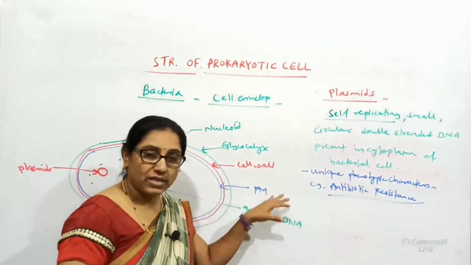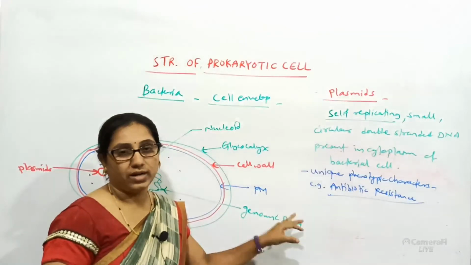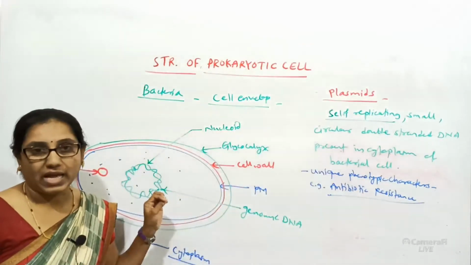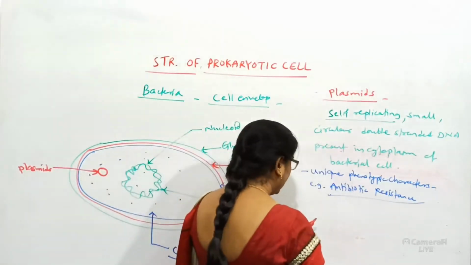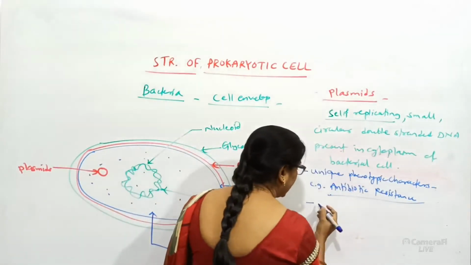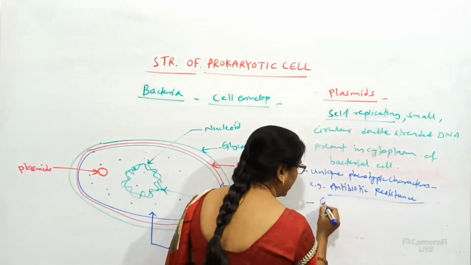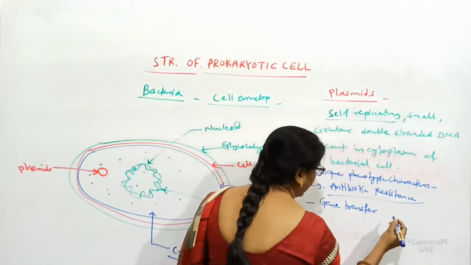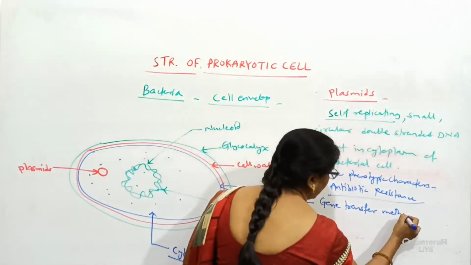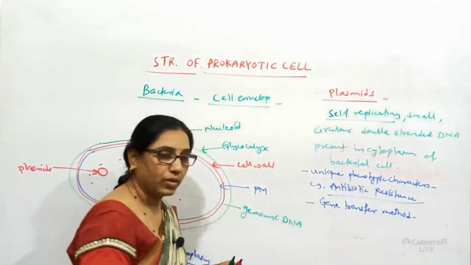So the plasmids are responsible for providing unique phenotypic characters to the bacterial cell. These plasmids are nowadays used in biotechnology for gene transfer methods. So what are these plasmids used for?